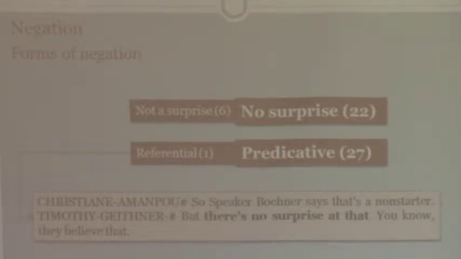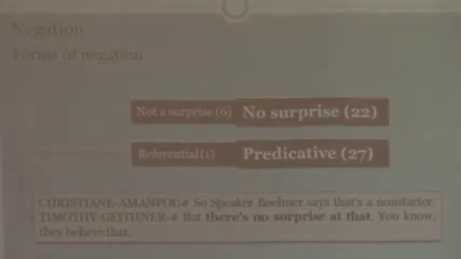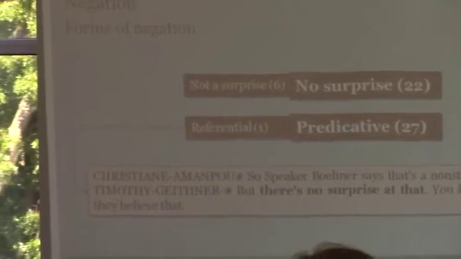The uses of surprise combined with a negative form are mainly predicative, and only one occurrence out of 28 negative forms is analyzed as referential, but there's no surprise at that.